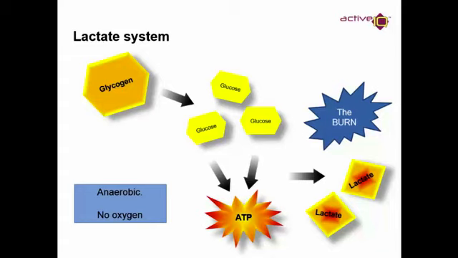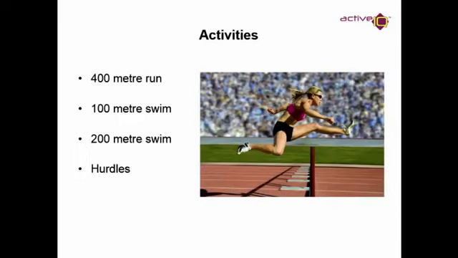That's why this system only lasts for 2 to 3 minutes, because after that we're cramped up and there's too much acid in the muscle for us to continue to produce ATP. The kinds of activities we'll use the lactate system for are the 400-metre run, 100-metre swim, 200-metre swim, hurdles potentially, anything where it's a 60 to 90% effort for 2 to 3 minutes.